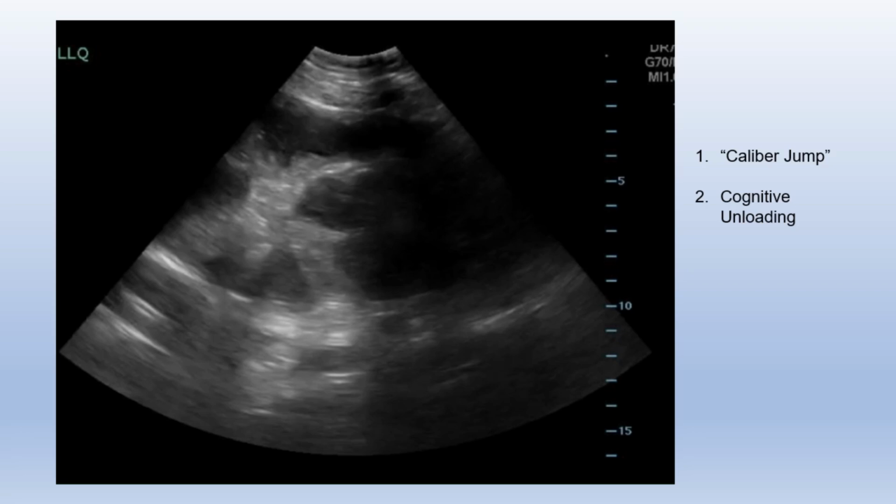Number two is the idea of cognitive unloading. The problem facing the ED physician is that we take care of multiple patients, and the human mind can only retain a certain number of elements within short-term memory. So if you're able to close out these clinical decision-making moments in the room with the patient, then you're able to free up space and better take care of your other patients.